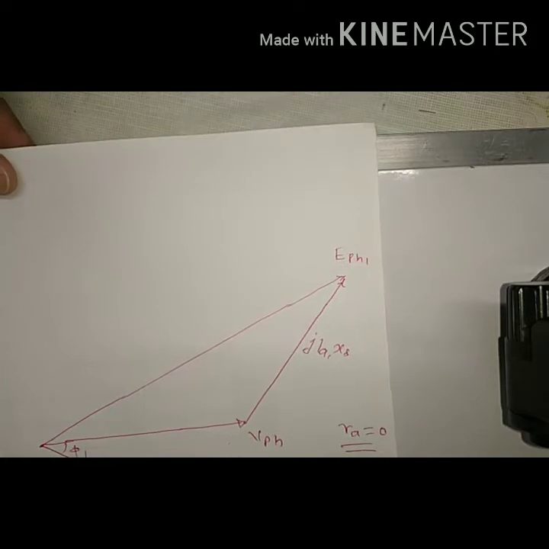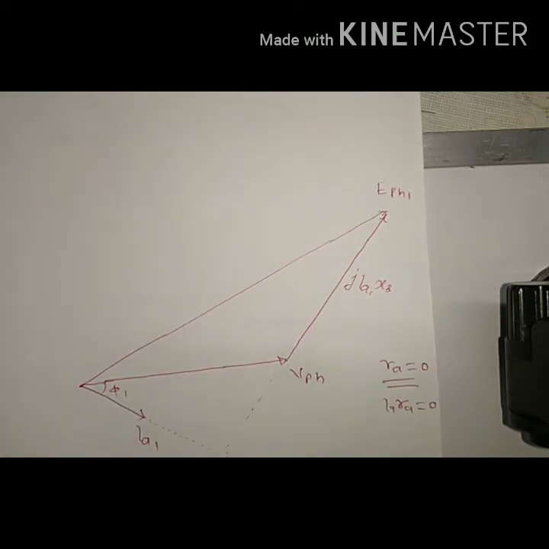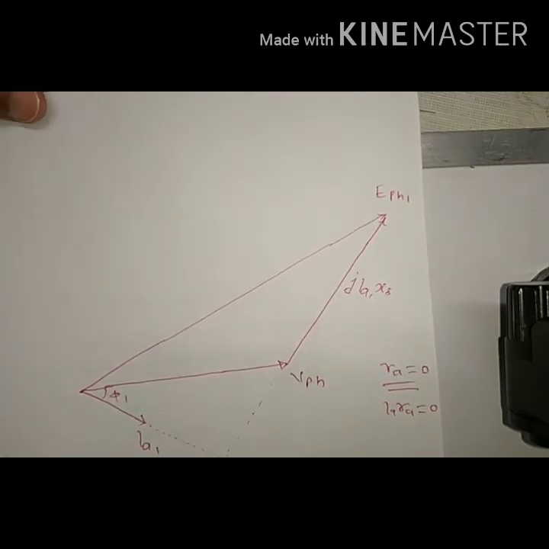Now to have constant power, I_A cos phi 1 must be constant.